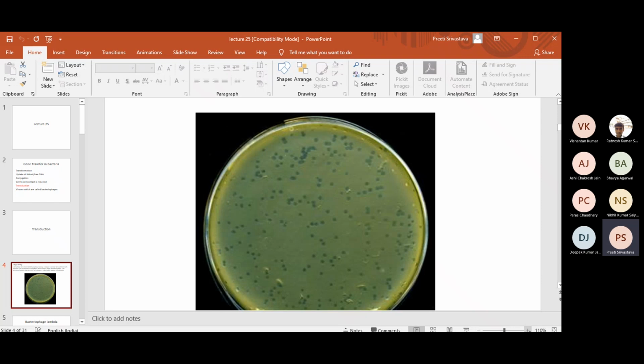All right. Now you have a test tube. In the test tube, you have the bacterial culture in which you want to perform transduction. Then you add the virus, and then you add soft agar. It's called soft agar because here the agar percentage is very low.